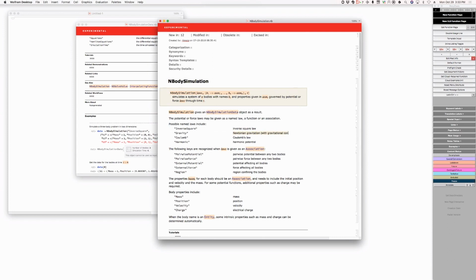Coulomb's law with, does that use electric? Yes, it uses electric, and you have to specify a charge for your bodies. Okay, Coulomb's law with physical charges.